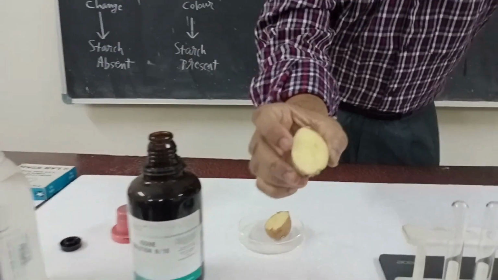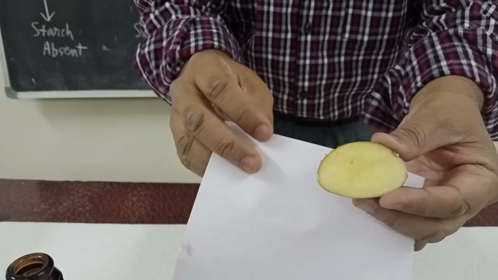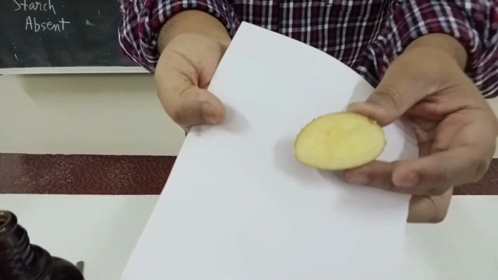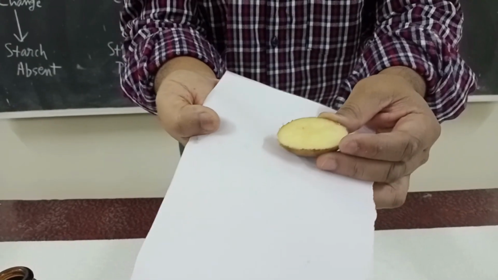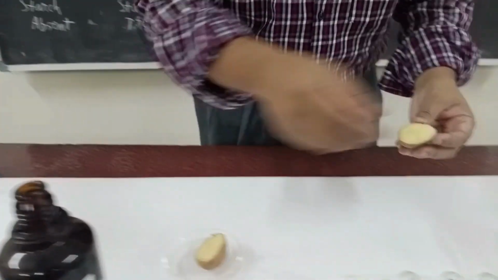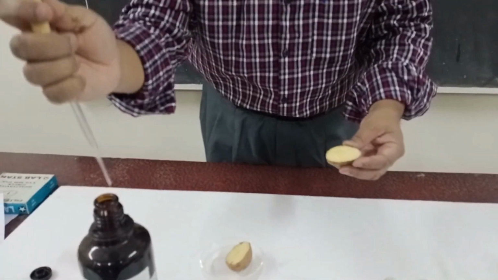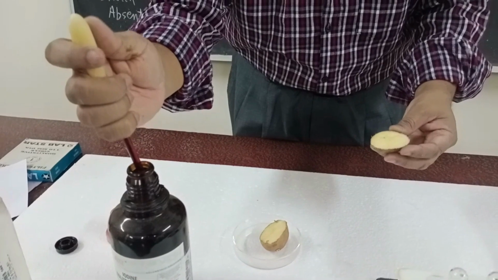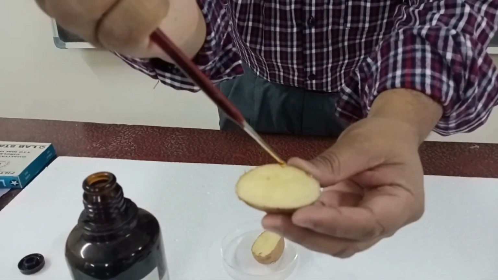First you see the color of that potato, as we all see in our house every day. Now I will take this glass dropper and take 1 or 2 drops of iodine and just observe.